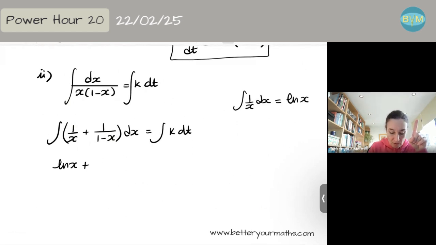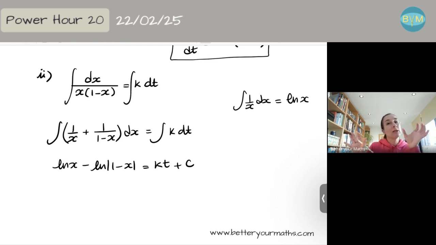This is going to be a minus instead of a plus, ln of 1 minus x, because the derivative of this one is minus 1 over 1 minus x. And then on the right-hand side, the integral of k with respect to t is going to be kt. And now I can add my constant of integration, just on one of the sides.